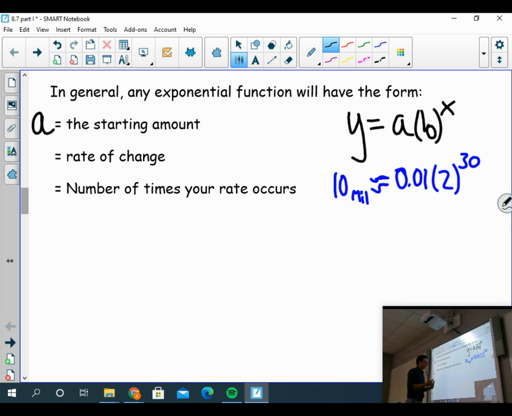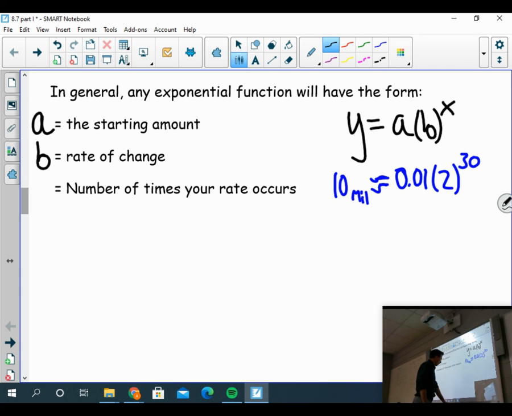You are given 1 cent. Your rate of change is what's in parentheses. That will be your B, so to speak. B stands for your rate of change, okay? Your money is doubling, or your speed quadrupled, or hey, you had to slam on the brakes, so cut in half, right? Different things like that, okay? Bottom line, B is going to be your rate of change, okay?